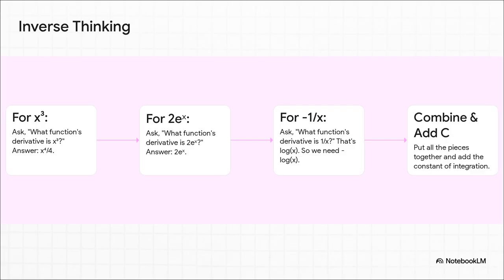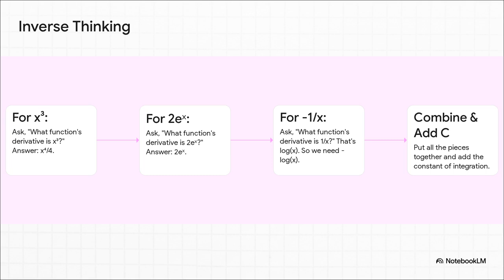For that first piece, x cubed, we just ask ourselves, okay, what function, when I take its derivative, gives me x cubed? Well, the power must have started 1 higher, so at 4. But the derivative of x to the 4th is 4x cubed. We just want x cubed, so we need to divide by that 4. So it's x to the 4th over 4. Next up, 2e to the x. This is the easy one. What's the derivative of 2e to the x?